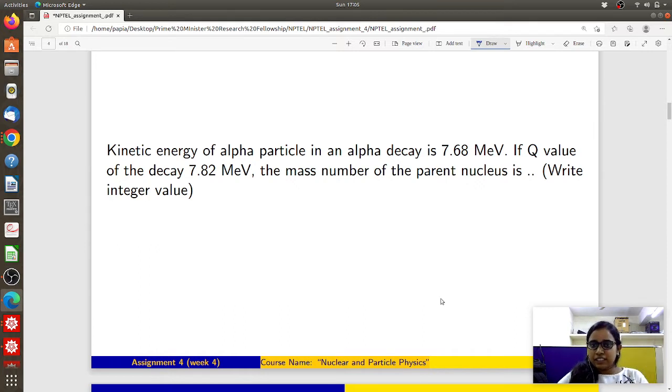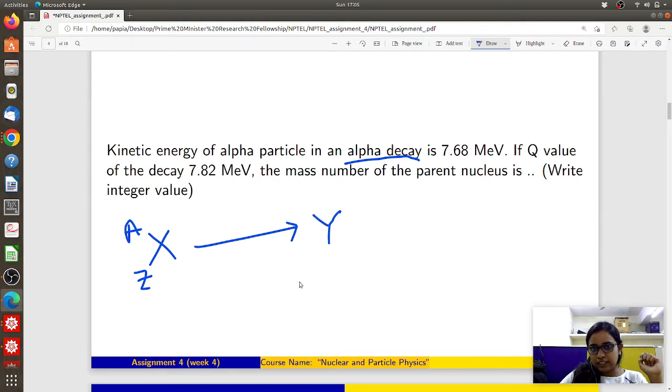So the question is about alpha decay. Alpha decay means X with Z and A goes to Y with Z minus 2 and A minus 4, plus an alpha particle, 2, 4.